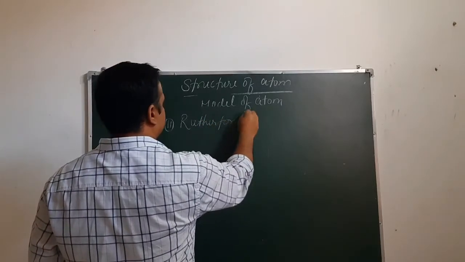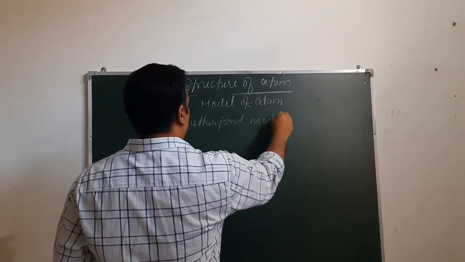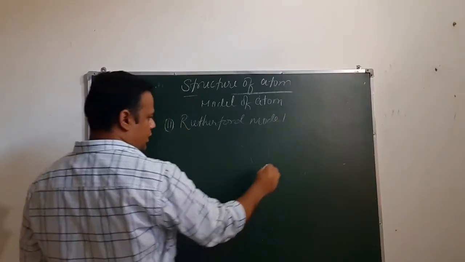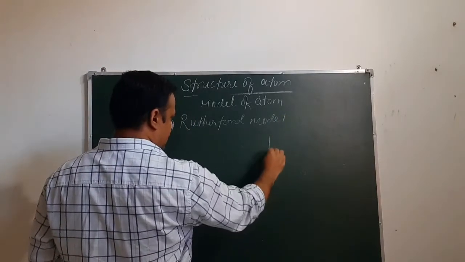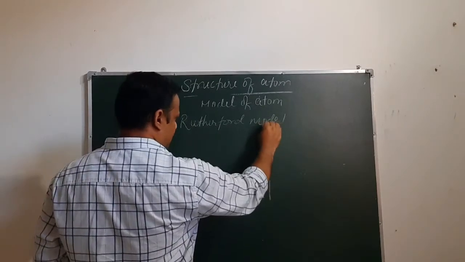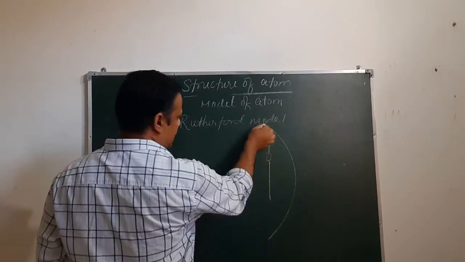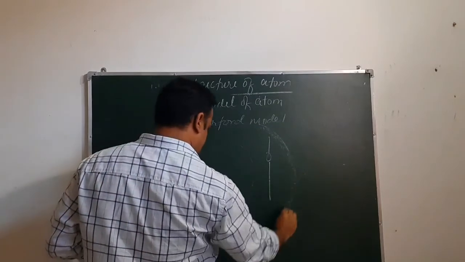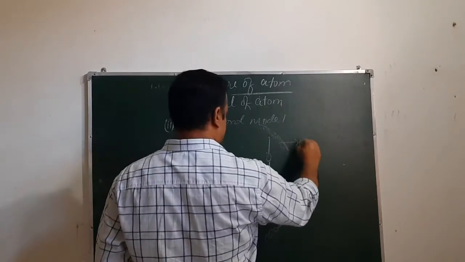Rutherford model. In Rutherford's experiment, he took a thin gold foil, and behind this he took a screen on which there was a coating of ZnS, zinc sulfide.